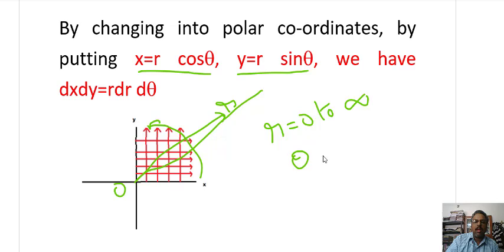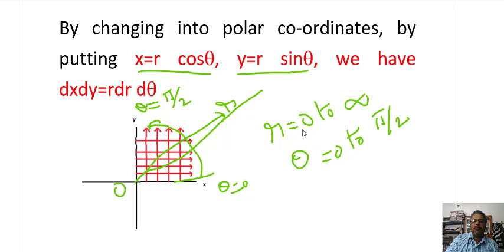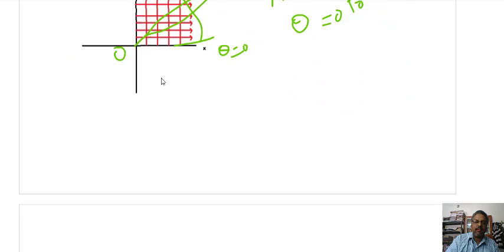Now what about the angle? Initially theta is 0, and up to the y-axis theta becomes pi by 2. Very simple. Theta equals 0 to pi by 2. The r limit is 0 to infinity, the theta limit is 0 to pi by 2. Now substitute all these results in the given integral.